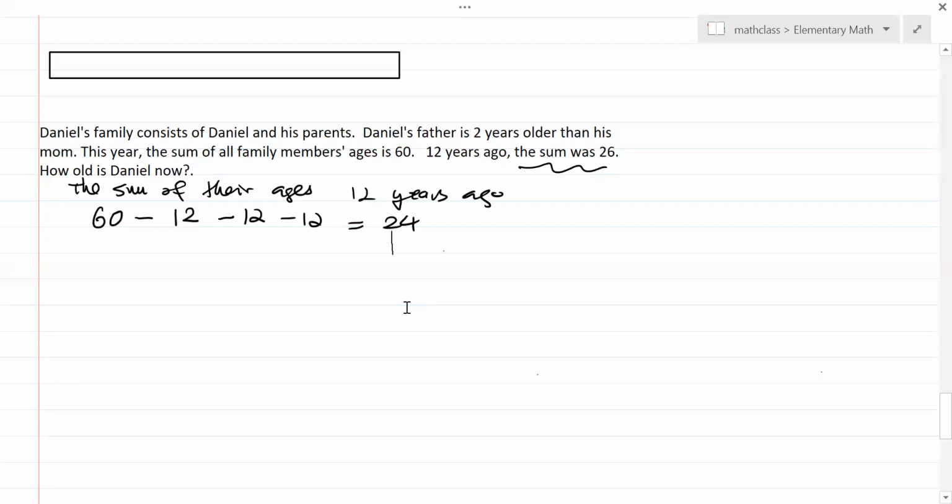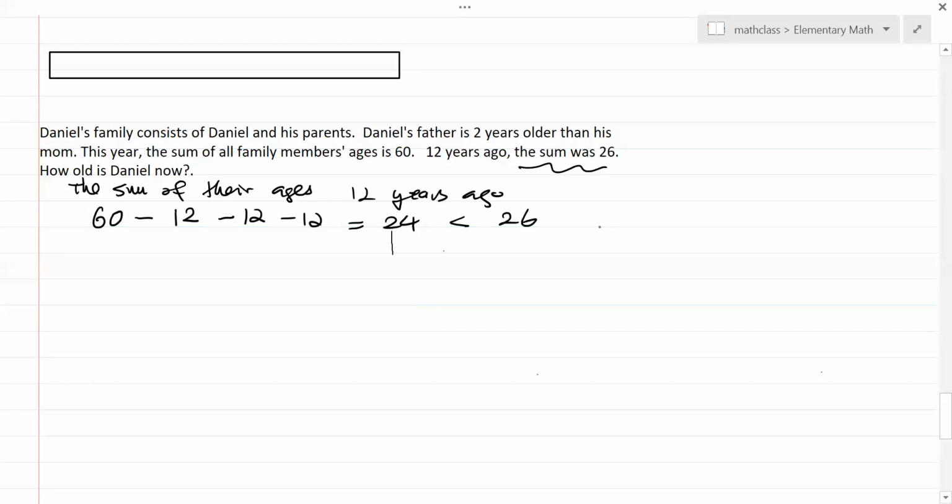Daniel was there, and his parents, of course, were there. Otherwise, right now there would be nobody in the family. But there's a possibility. Don't forget that Daniel may not have been born yet.